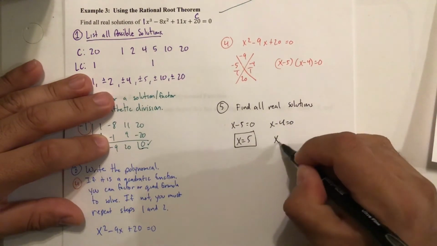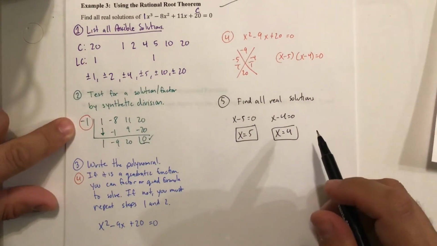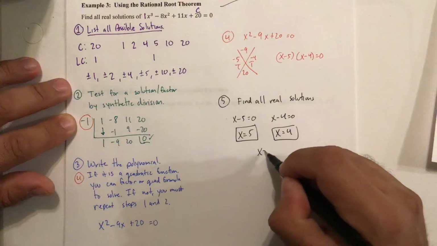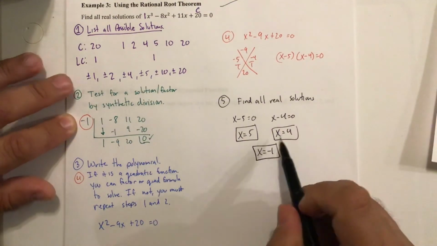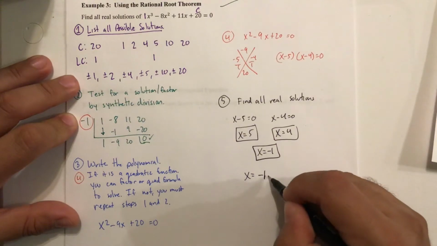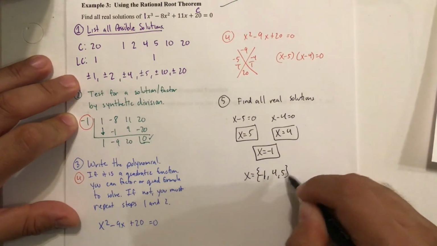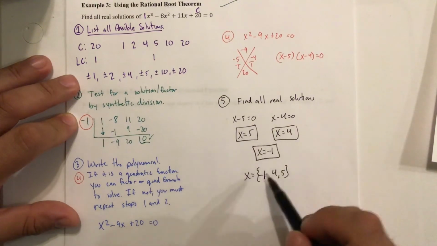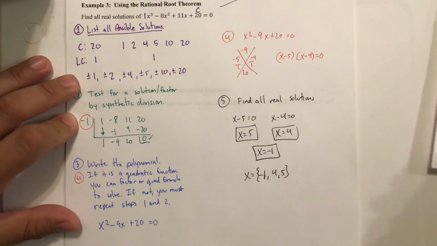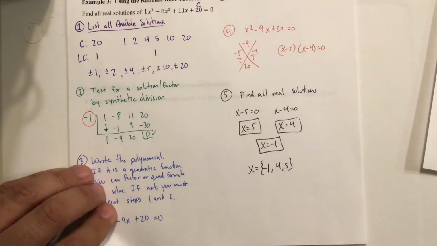When we add the 4, we get x is equal to 4. And don't forget your original one that we circled at the very beginning, x equals -1. So you can write it like this, or you can actually put it in order or list it out as one solution set if you want. That's really up to you. Braces represent a list of answers. I would accept this, and if you want to write like this, that's actually up to you. All right, so there's how you do the rational root theorem.